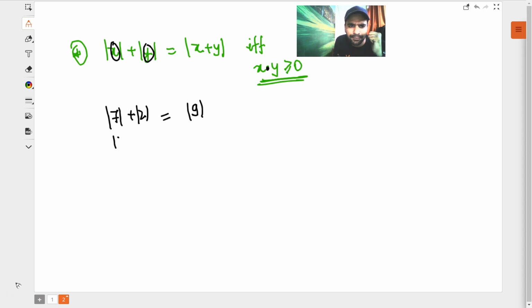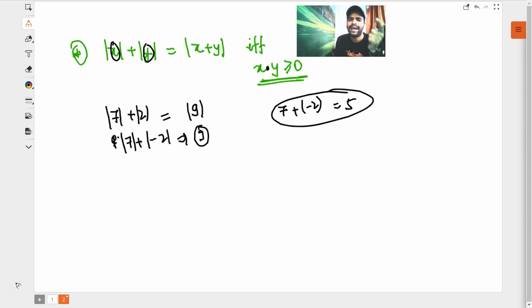But if I write 7 minus 2, meaning I take the modulus of 7 plus minus 2, I also get a value of 9. But if I add 7 plus minus 2, what I get is 5. Why is this happening? Because modulus is an absolute value function. The absolute value of minus 2, that is its magnitude, is also equal to 2, right?